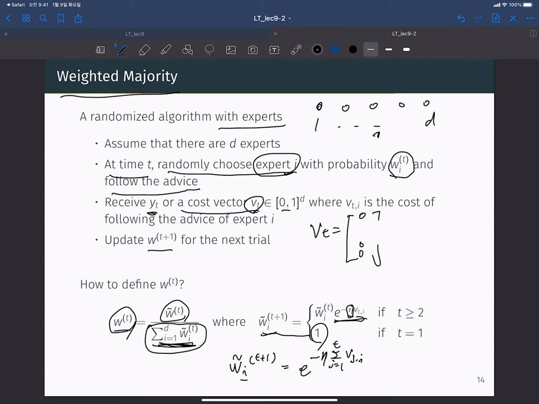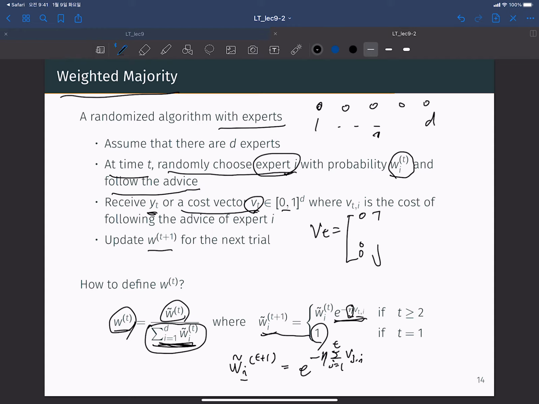So when an expert i has high cost up to now, then it is reasonable to give a very low probability, a low chance to pick expert i. Because from the history record, we know that this expert incurred high cost.